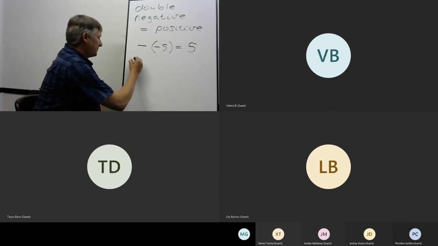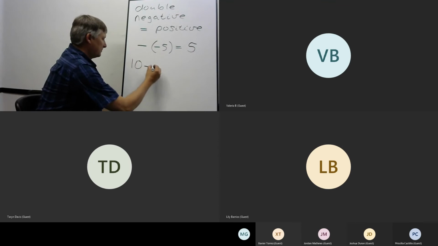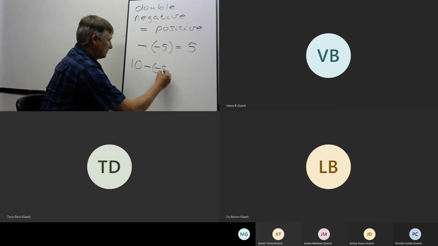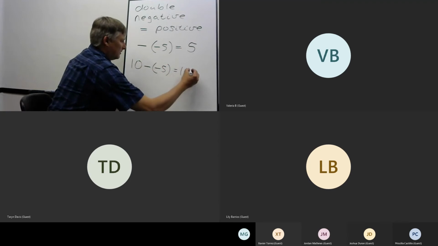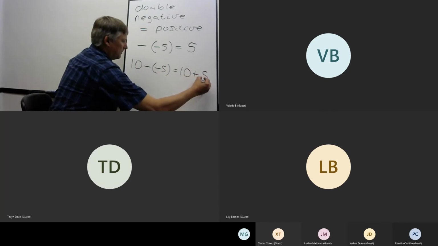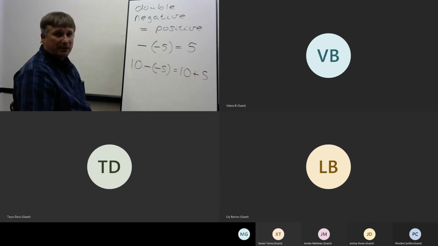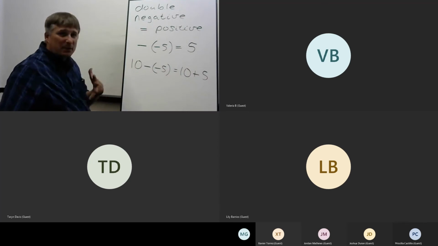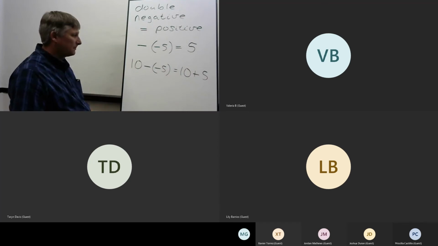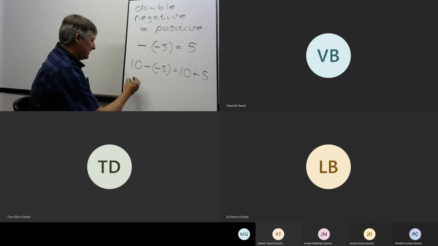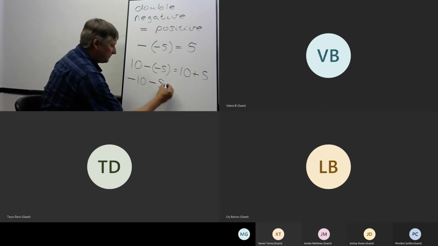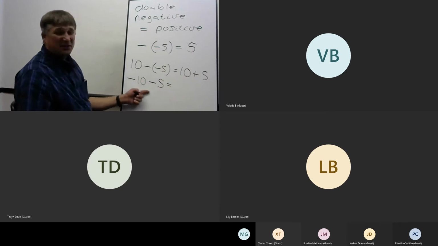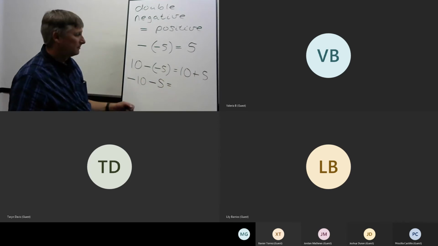Or if we have something like this, we get something like that. Now, one that can sometimes confuse students is this. If I have negative 10, subtract 5. This is not a double negative.